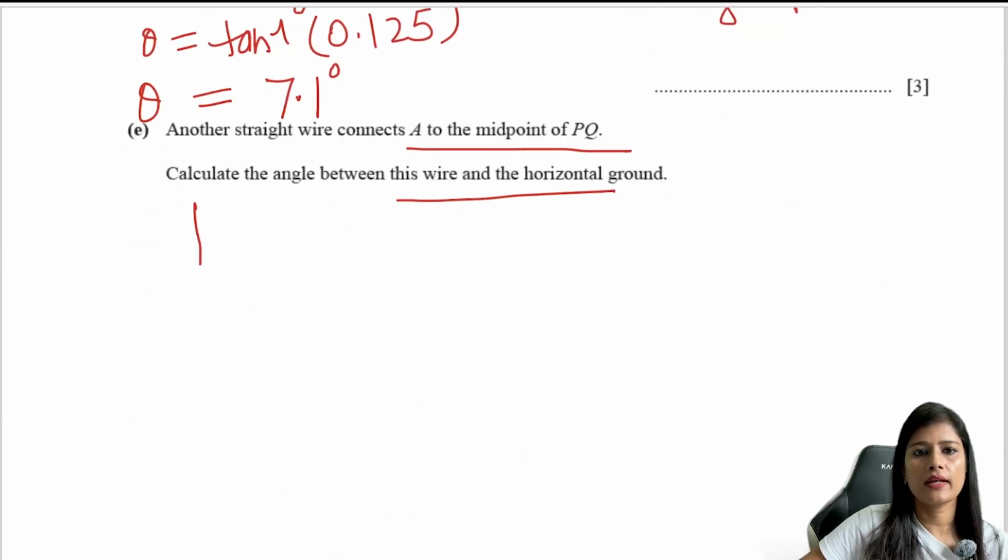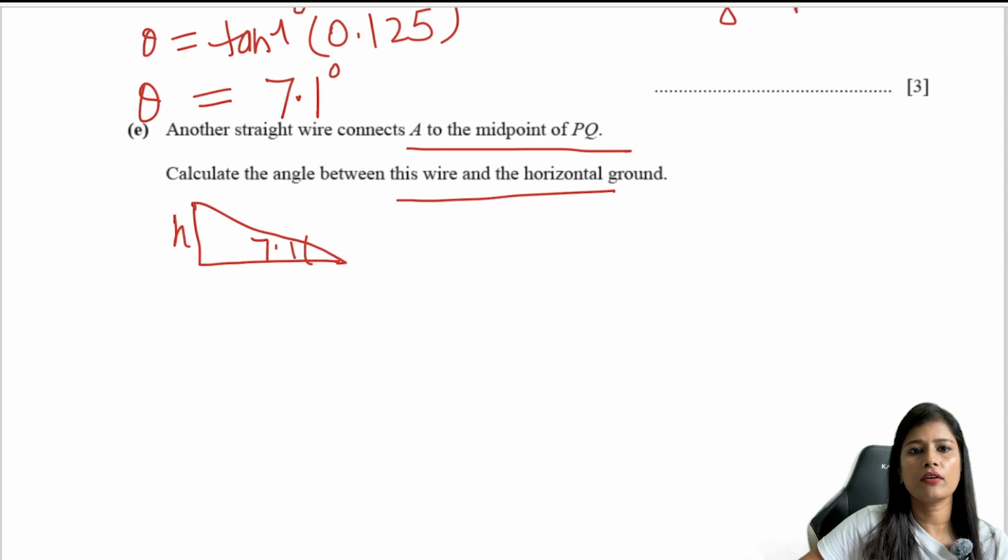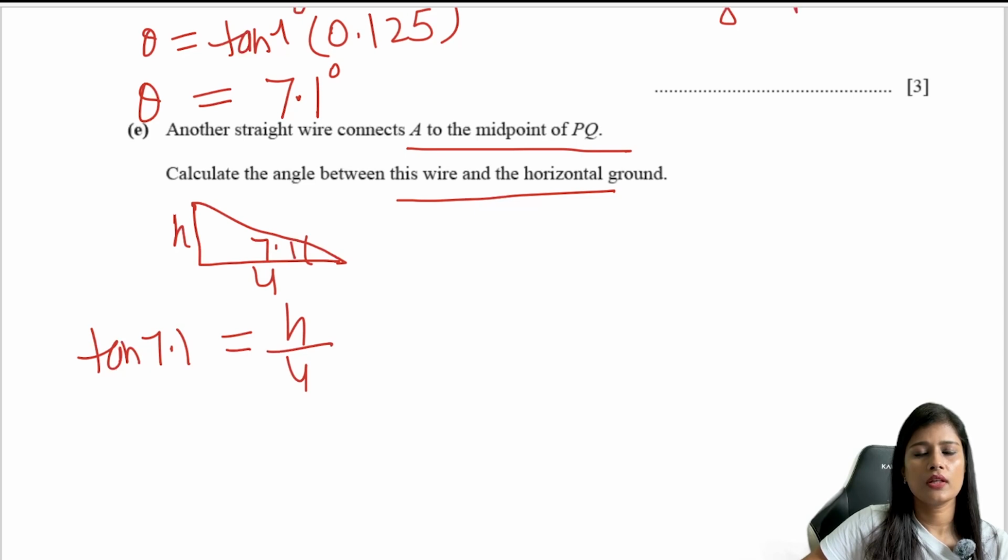There is a small triangle like this, and just now you found the value of this theta, 7.1. This value is h, we need to find out, and this is 4. So tan 7.1 is h over 4. So h will be 4 times tan 7.1, which is 0.124.